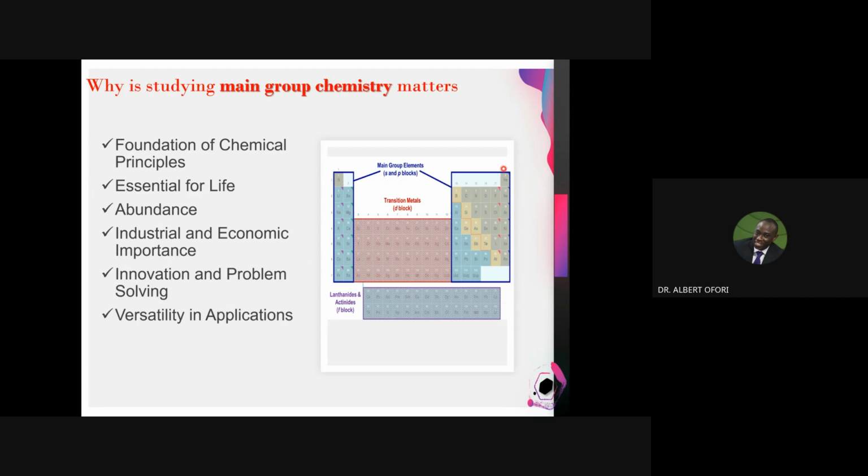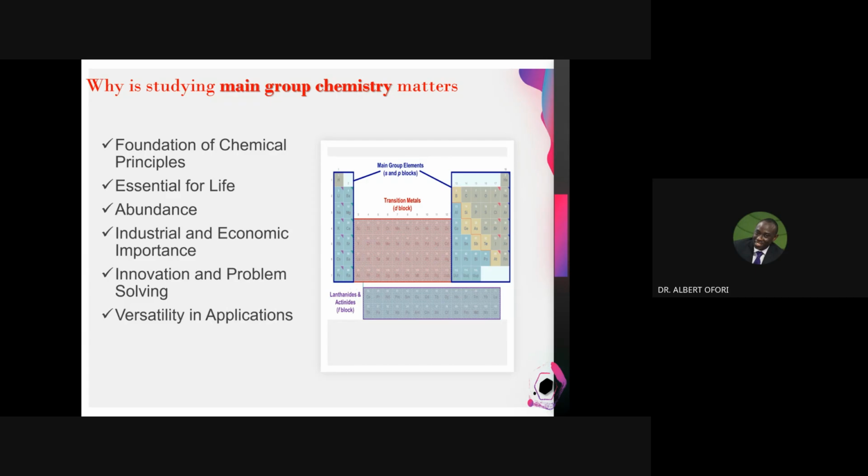Now, this is what we put together to form what we call the periodic table. We have a history of people coming in to contribute to this periodic table, and the one who made a breakthrough with the periodic table was Dmitri Mendeleev.